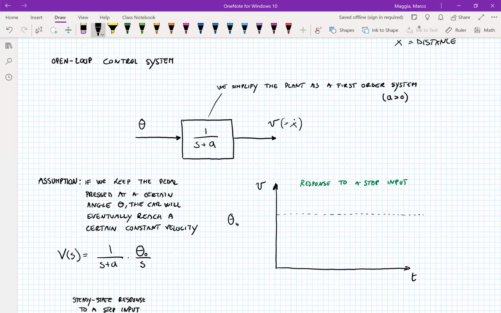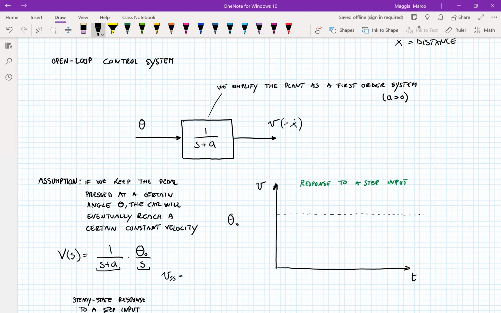Now, you know very well that in order to find the steady state value, the final value theorem can be applied because we have one pole at the origin and the other pole is negative. So we check the two conditions for the final value theorem to be applied.